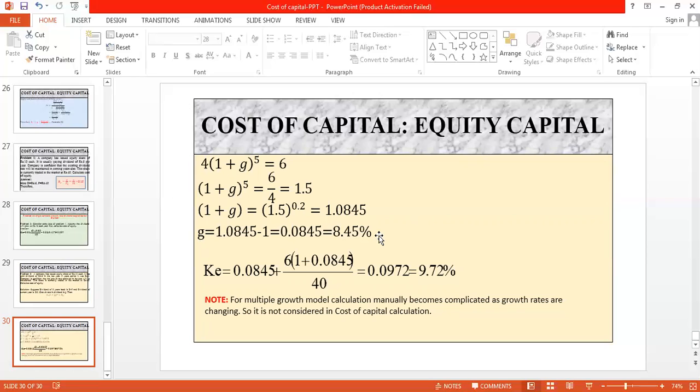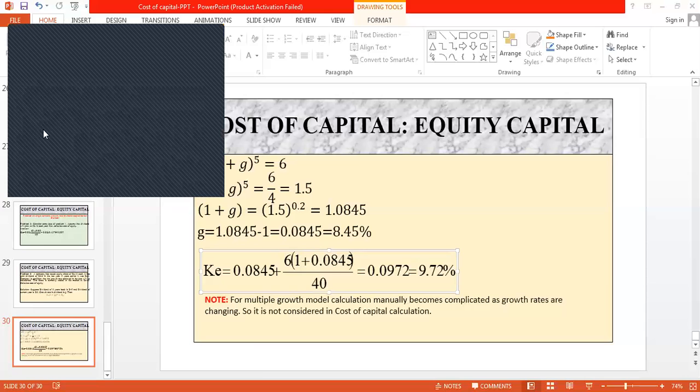So now the result is KE is equal to 0.0845 plus 6 into (1 plus 0.0845) by 40. I think there is something wrong in the calculation. Let us check it.